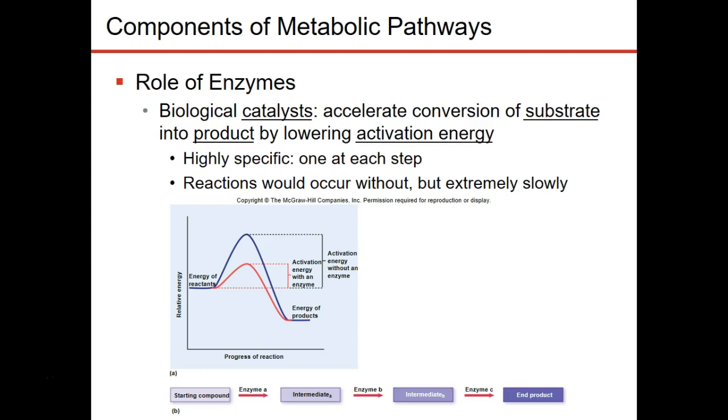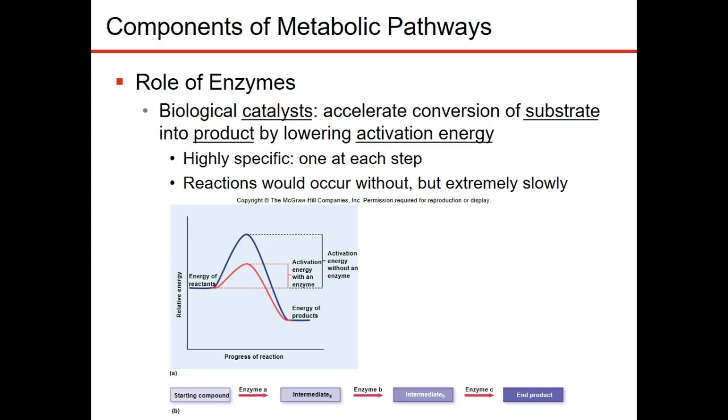So I always think of it like this. If we want to break glucose down to produce ATP energy for our cells, it will happen without any enzymes, but it would be so slow that it could not sustain our life.